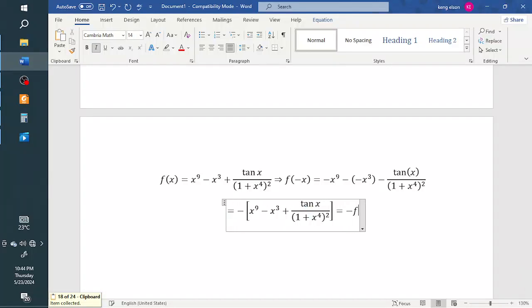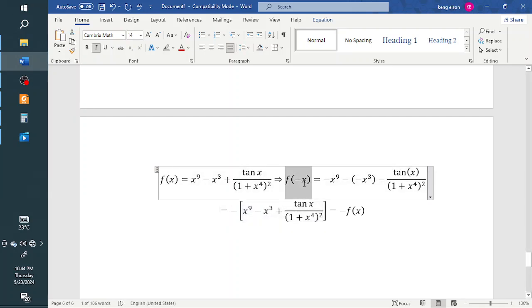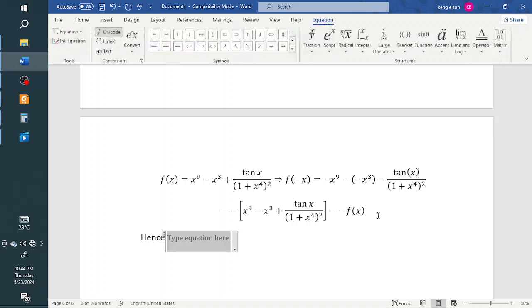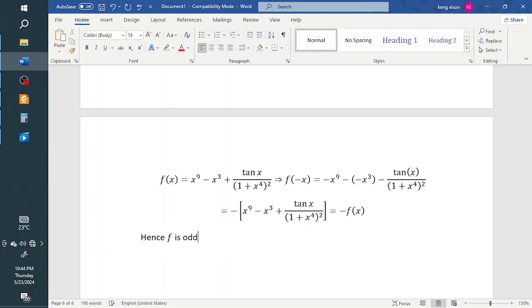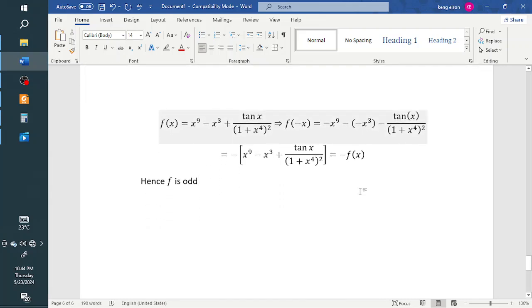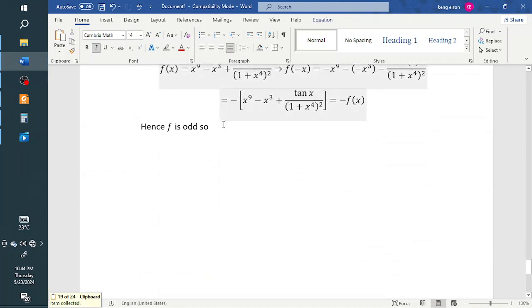But you realize that what is in the bracket is just f of x. So it means that our f of -x is equal to -f of x. Hence f is odd. And if f is odd, then clearly the integral from -1 to 1, because a is 1, is equal to 0 without any doubt.